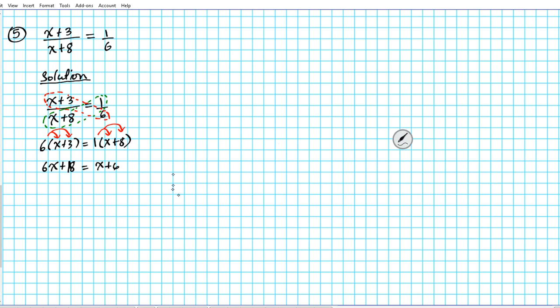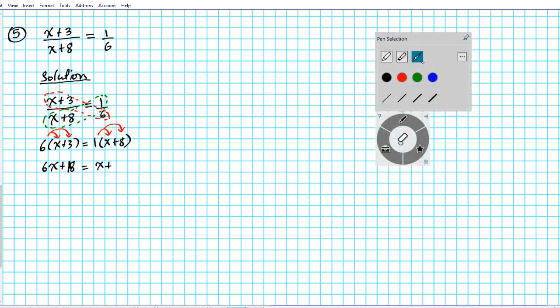Now this looks much nicer because we have gotten rid of the denominator components and we just have a linear algebraic equation right now. To solve it, we're going to collect like terms. So let's have all the x's on the left side. So we're going to subtract x from both sides of the equation, or 1x. And then we'll proceed to subtract 18. I need a constant on the right side.